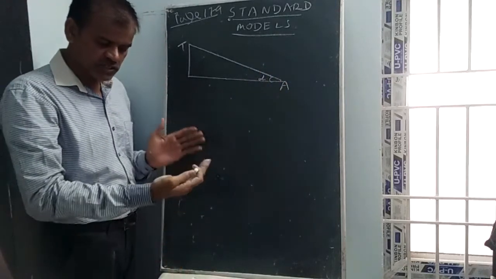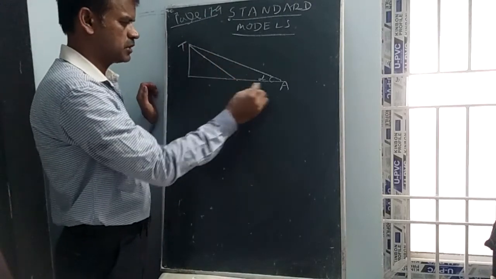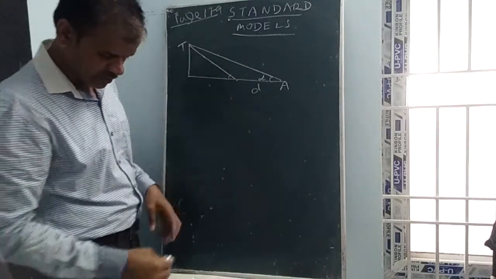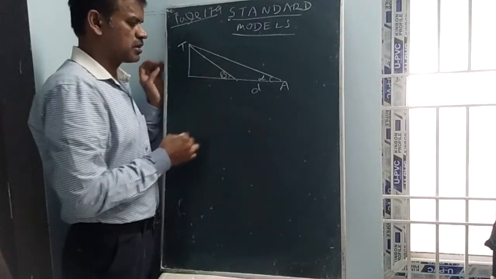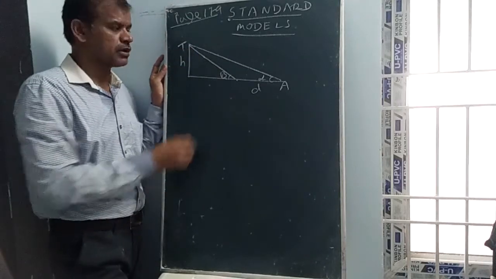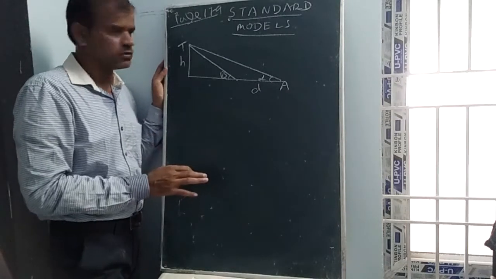After walking a distance d meters towards the foot of the tower, the angle becomes beta. Then the height h is equal to d by cot alpha minus cot beta. Plenty of sums using this are given in MSET and JEE Mains also.